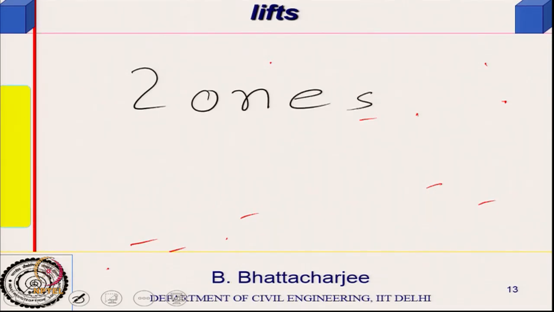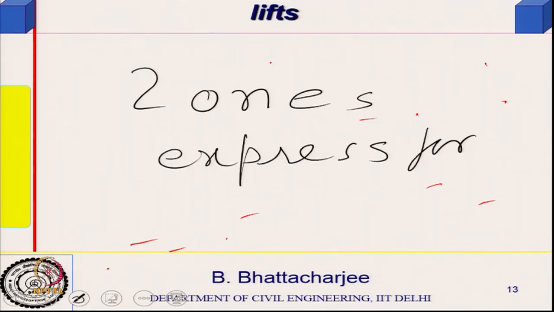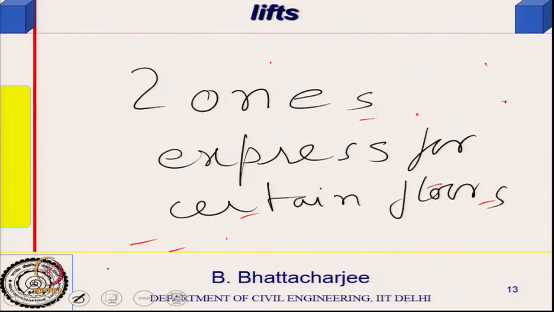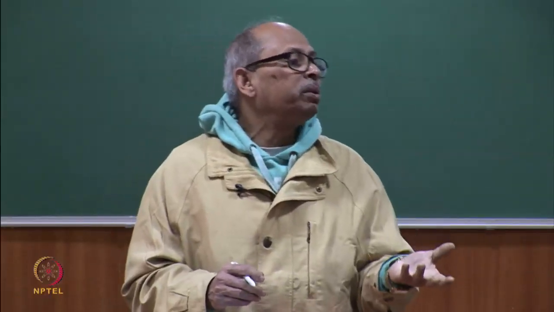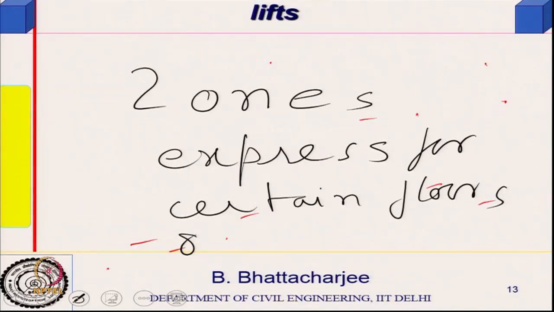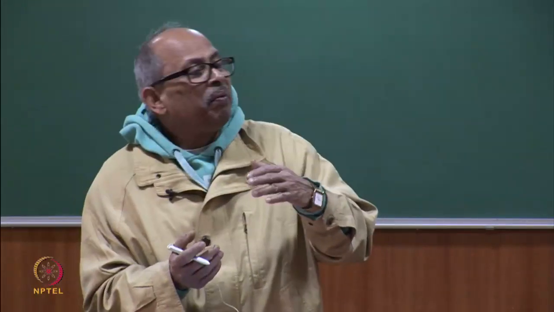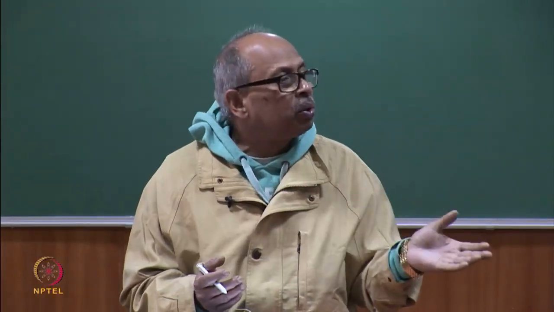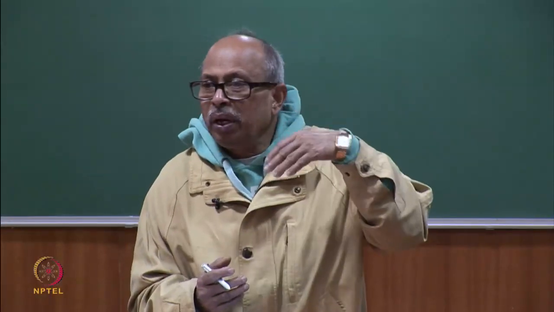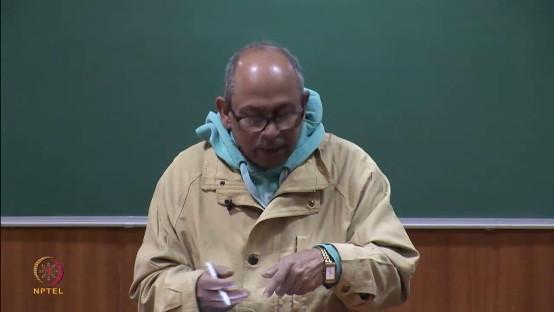So, express for a certain distance, certain height, certain floors, that distance you will take at constant speed. So, it goes up to, let us say, 8 floors as express. So, up to the 8th floor height, it will go at constant speed. It is not going to stop there. So, it will straight away go up to the 8th floor, then our formula applies.